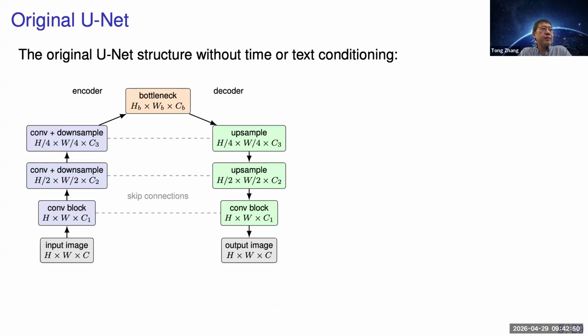So here is the original UNet, in the pixel space, which for now is without conditioning. We just see what it looks like and what's special about it. Essentially, what is special is that you have a downsampling and an upsampling stage. Downsampling you can think of as an encoder, like what we have done with the CNN encoder before.